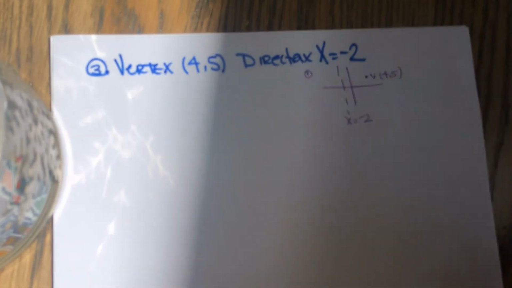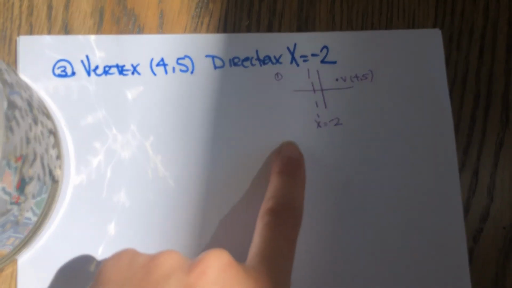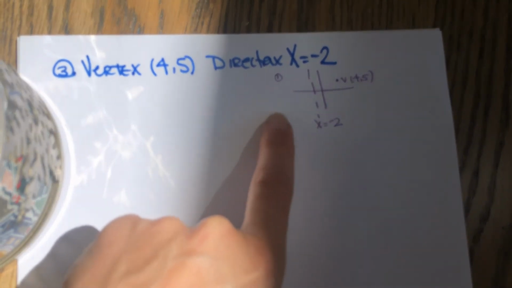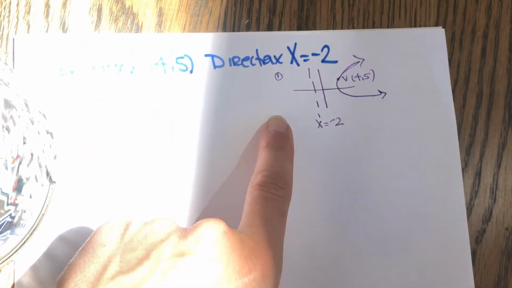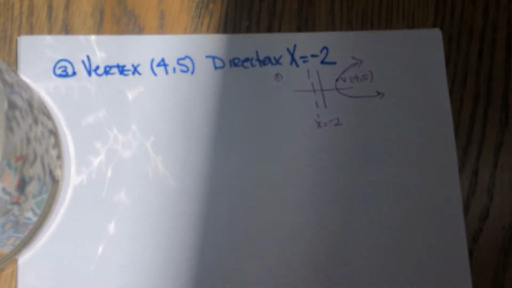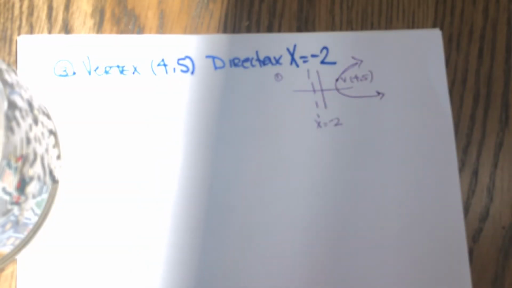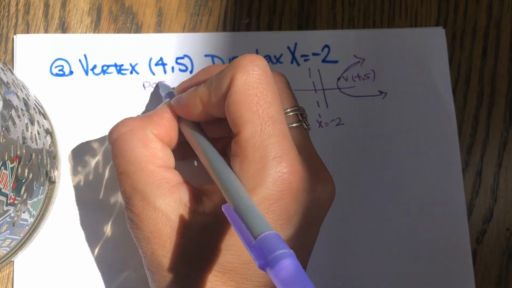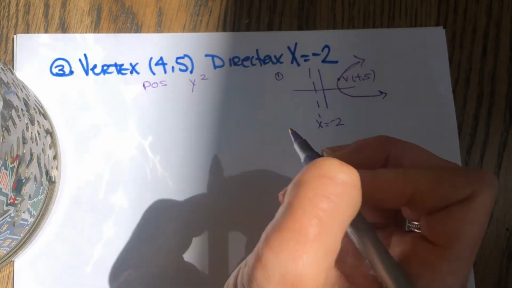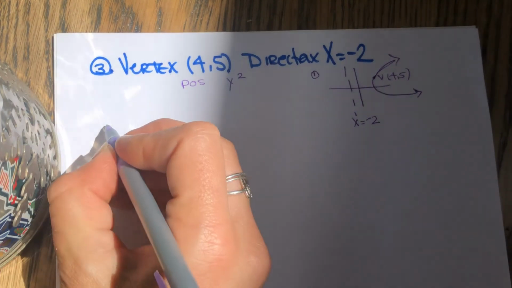The parabola is eating the focus, so you want to go the opposite way of the directrix. So we should realize it's going this way. If it's going that way, it's positive, and it's going to be a y squared. So positive y squared.